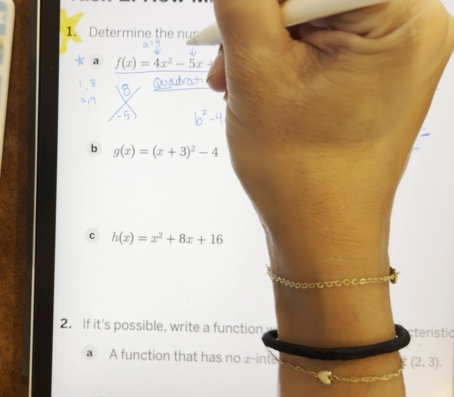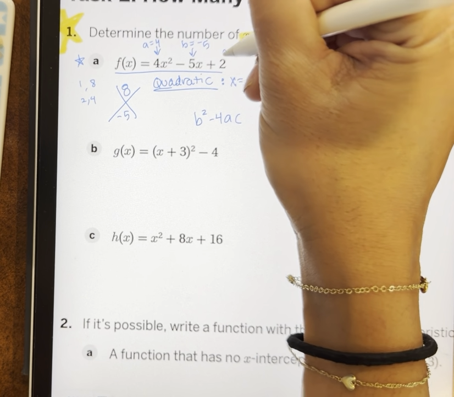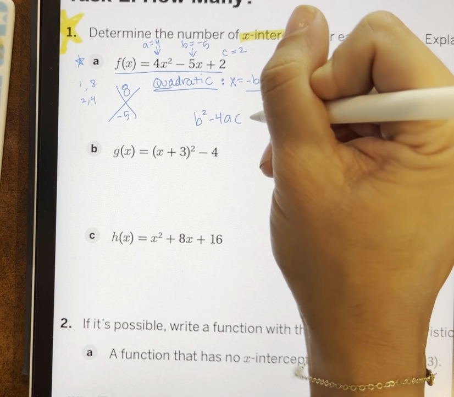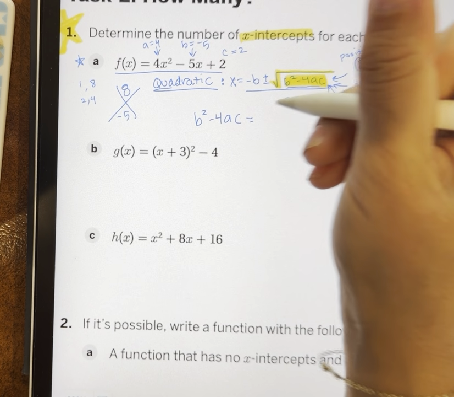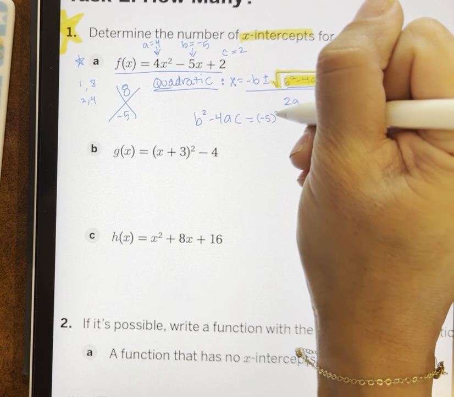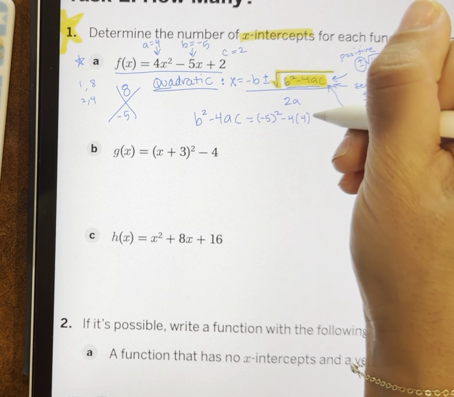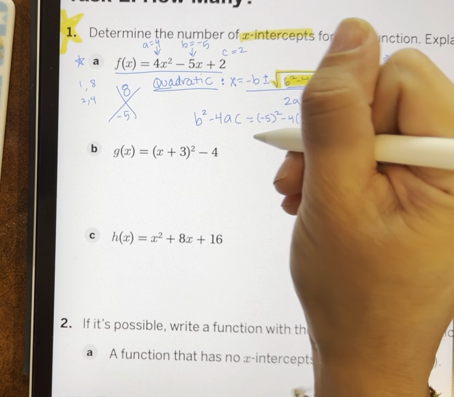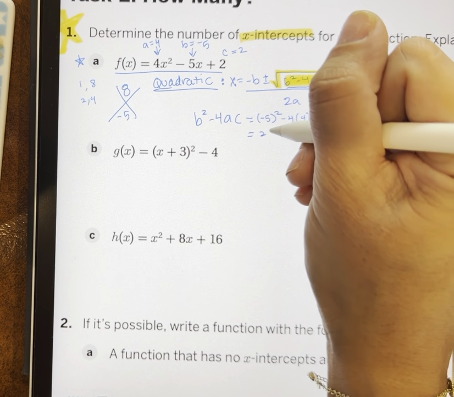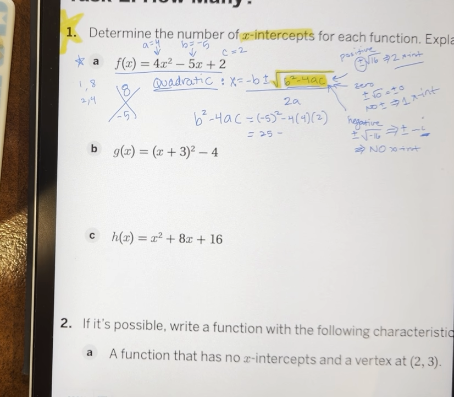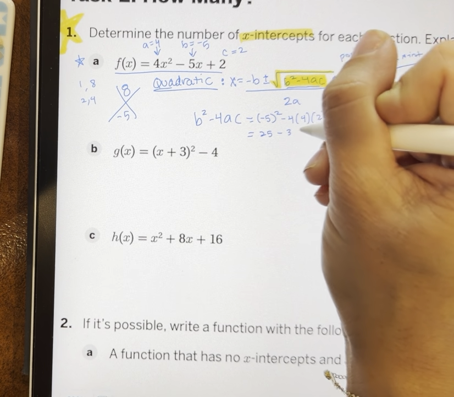A is 4, b is negative 5, c is 2. b squared is negative 5 squared minus 4 times a, which is 4, times c, which is 2. Negative 5 squared is 25 minus 4 times 4 is 16, and 16 times 2 is 32.